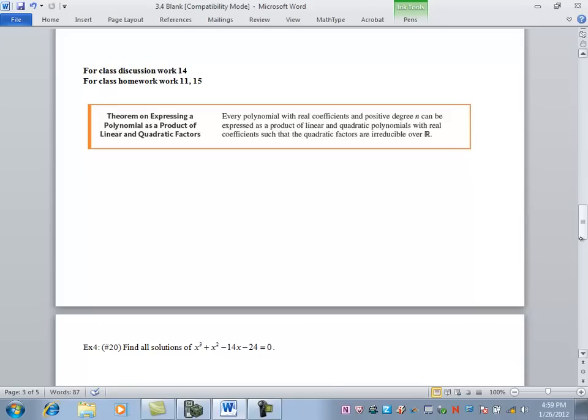Every polynomial with real coefficients and positive degree n can be expressed as a product of linear and quadratic polynomials with real coefficients such that the quadratic factors are irreducible over R. So what we're saying here, folks, is that of course linear factors, we can't break those down anymore, and any quadratic factors that we have, those will be prime. We won't be able to break those down anymore over the real numbers. Any solutions would be imaginary.